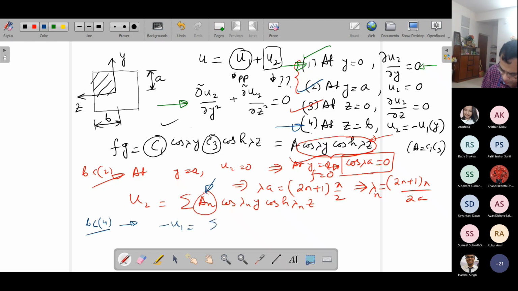So minus u1 is equal to summation of an cos lambda n y into cosh lambda n b. This is just like a parametric constant because b is a constant. So this is what we get. But this alone, so this u1 is a function of y, we have to remember. This alone is not enabling us to find out what an is.